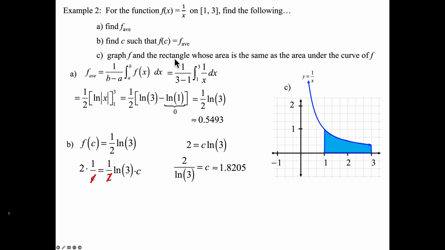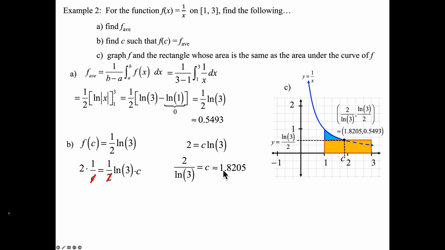Now, the rectangle's area, all right, now we're going to take that natural log of 3 over 2, that's my value right here. Okay, that's going to be my y value. That's going to be the height of my rectangle. Okay, so that value creates this value right here.